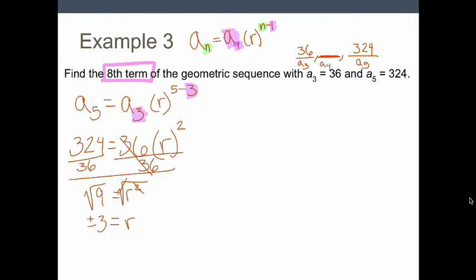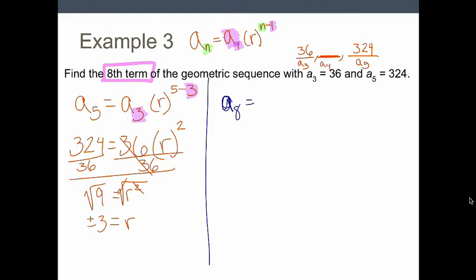So when we go through and find the eighth term, my final answer is going to be plus or minus because it could be positive or negative. We just weren't given enough information to make that sign determination right now. So to find the eighth term, this is what our math is going to look like. We're looking for a sub 8.